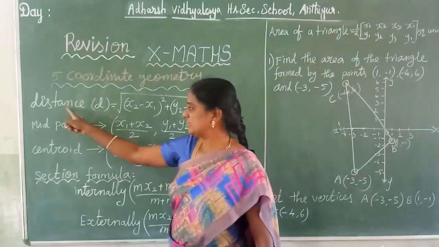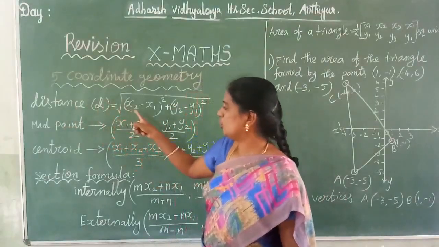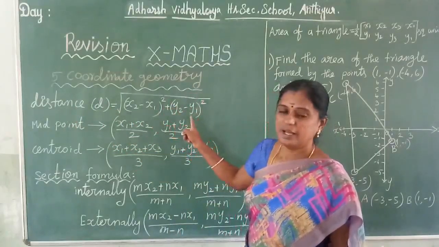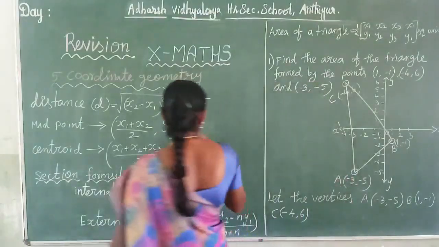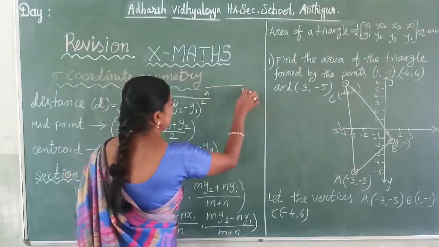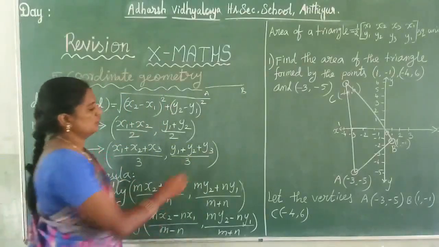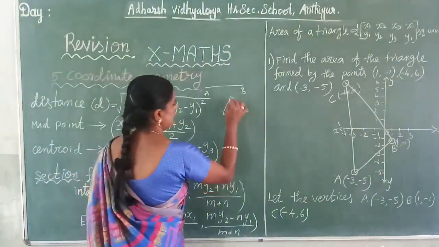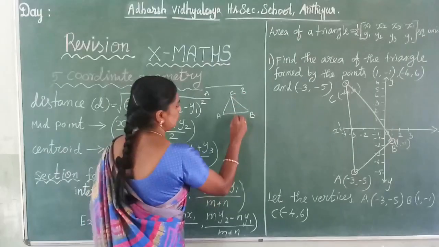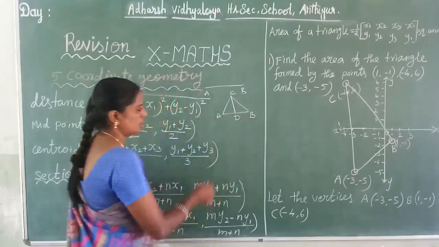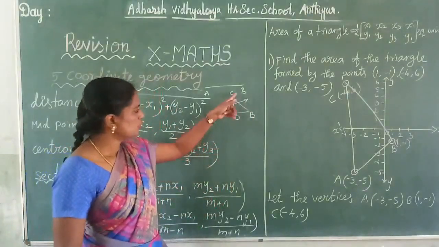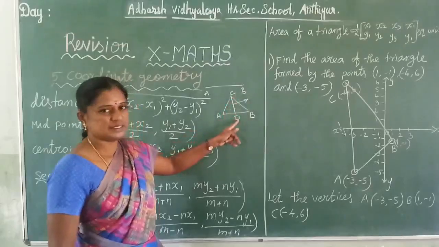So the first one, distance. Distance d is equal to root of (x2 minus x1) whole square plus (y2 minus y1) whole square. We apply this formula when 2 points are given. For the length of AB of the triangle, given 3 points A, B, C, where CD is the median, the length of the median is the distance CD.